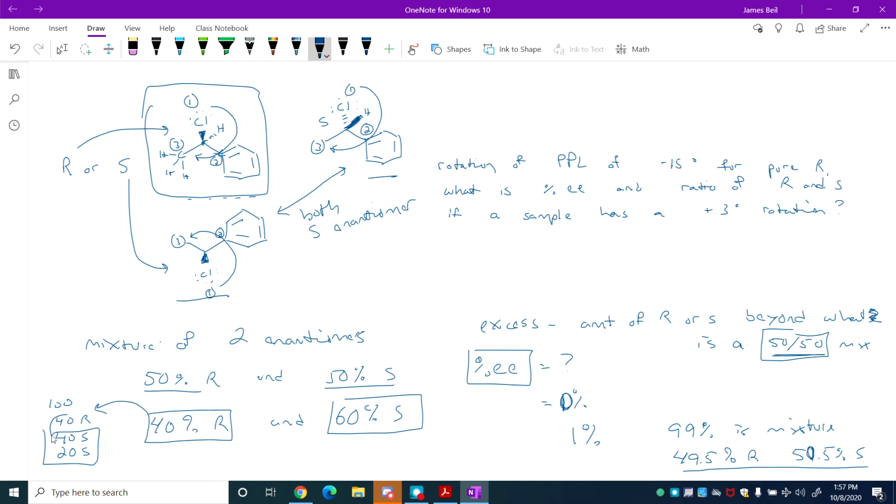So really I've got 80% of the mixture is a 50-50 mixture, and the other 20% is the excess S. So the percent EE would be 20% S. And the remaining 80% is racemic, which means it's a 50-50 mixture of the two.